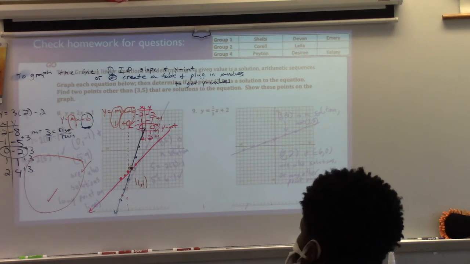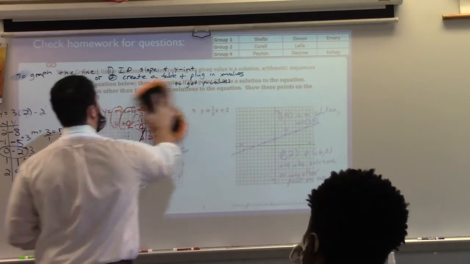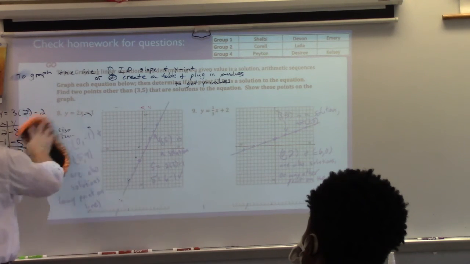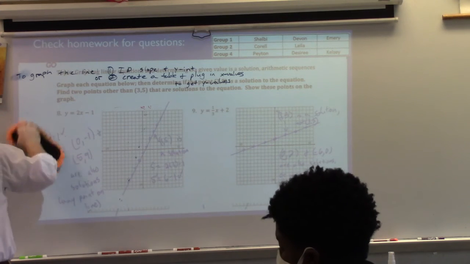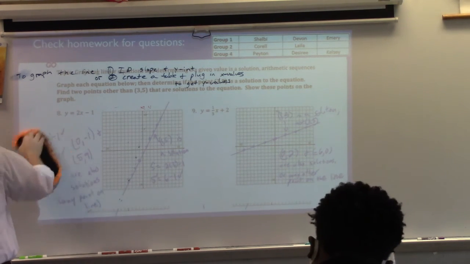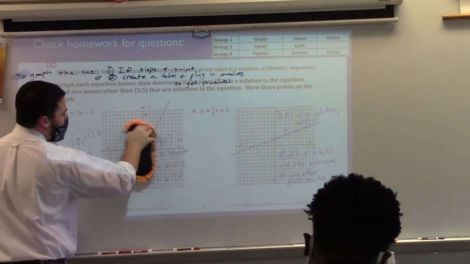Here's numbers 8 and 9. We're not going to spend a ton of time here because we have already spent more than enough on number 1. Any guesses about how I graphed these equations? Or a way that you could for tonight's homework, since tomorrow we'll have an accuracy check?